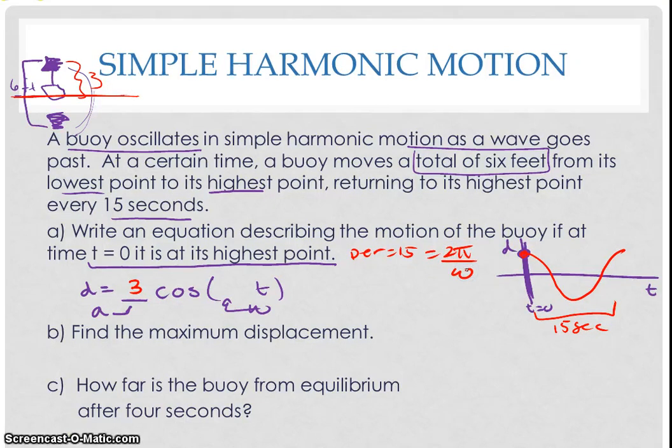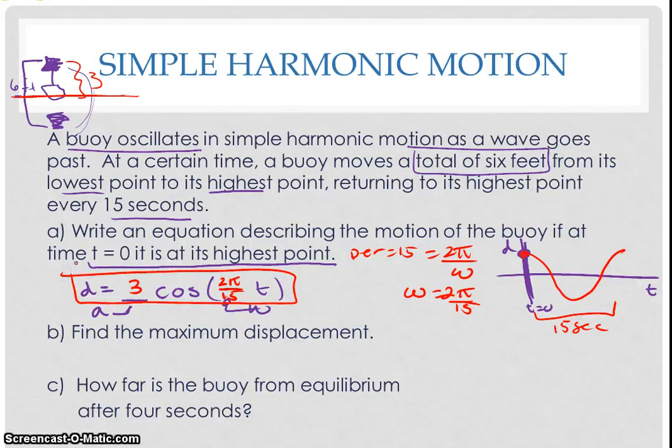Feel free to use b. Solve for omega, or b if you're using b, and you get 2 pi over 15. So I'm going to put that value in here, 2 pi over 15. We're using t for time instead of x, but it's essentially the same thing. So this right here is our equation of motion describing this buoy.